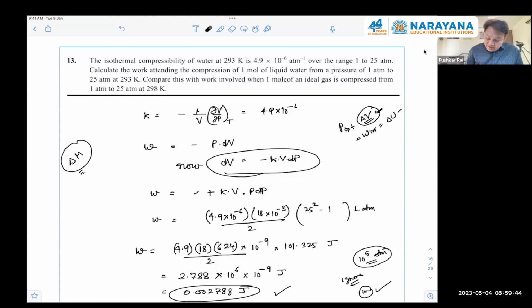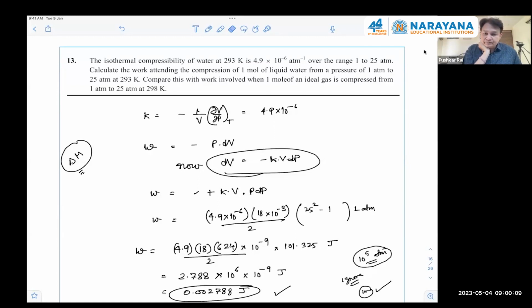But if you're gradually increasing, then the work will be whatever we have calculated for the gradual increase. You're absolutely right. So in these two cases, delta U will be slightly different. Can you tell me which will be more, irreversible work or reversible work?